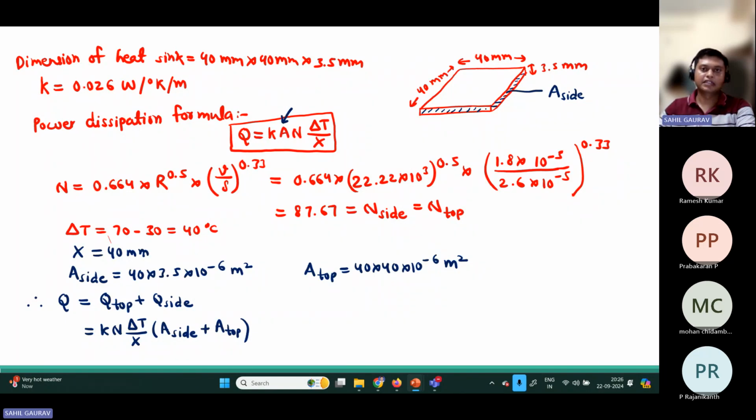And if you see this side area, there are 4 sides, so we have to multiply it with 4.